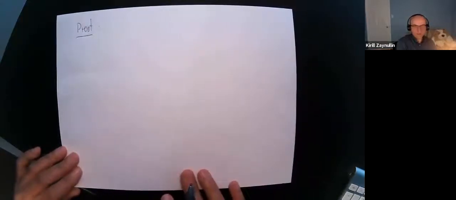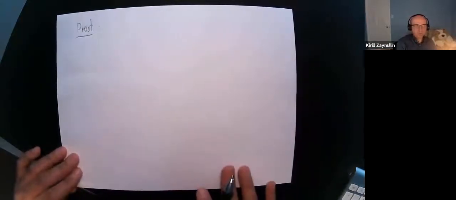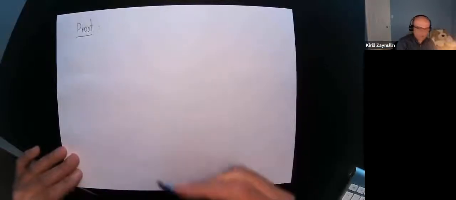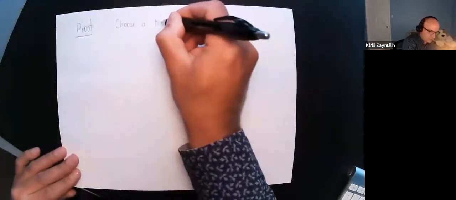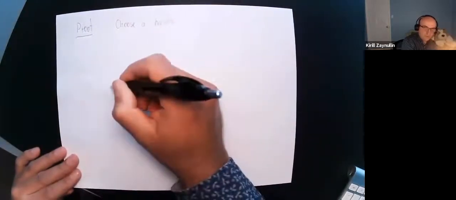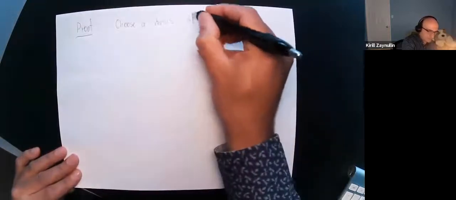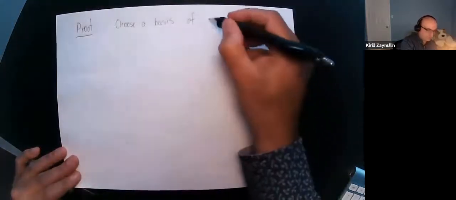First of all, as I said already, both the kernel and the image are subspaces. And since V is finite dimensional, its kernel is also finite dimensional, so we can choose a basis. As a first step, we choose a basis of the kernel.